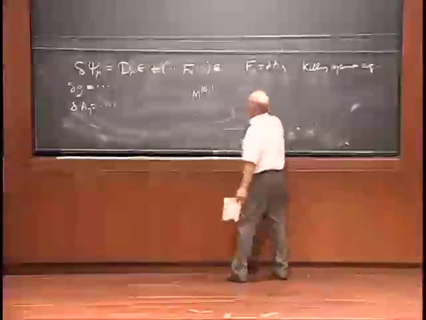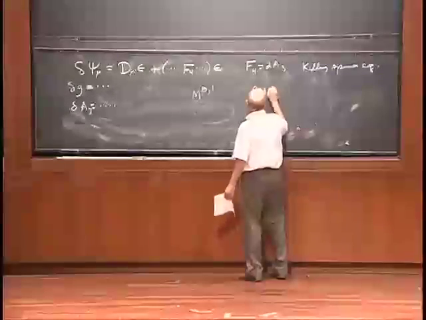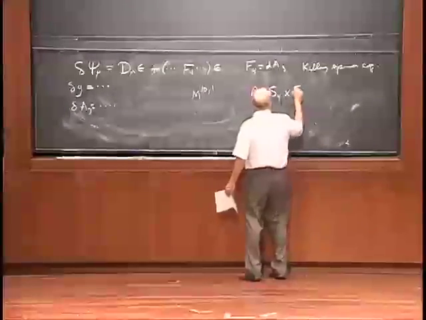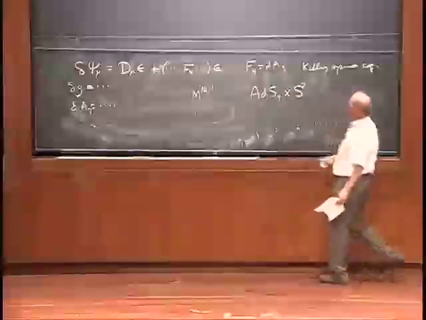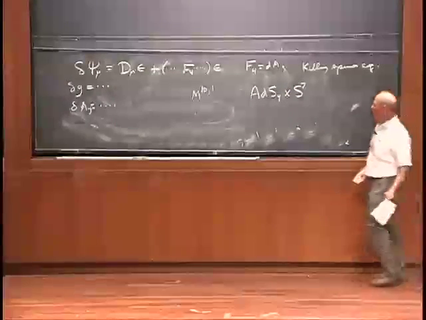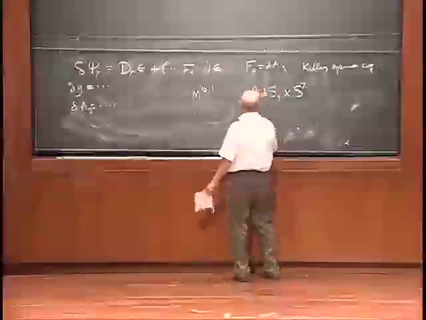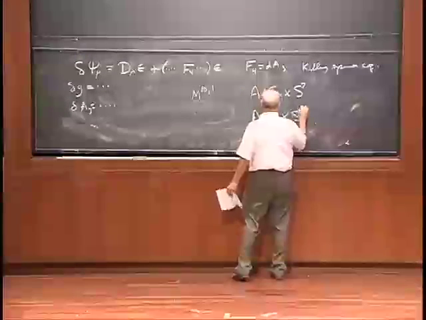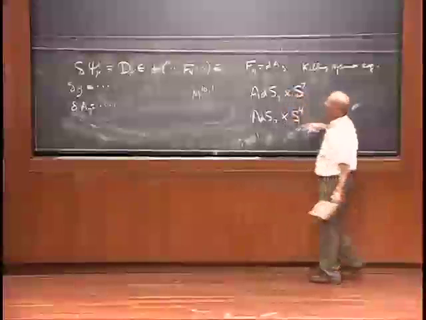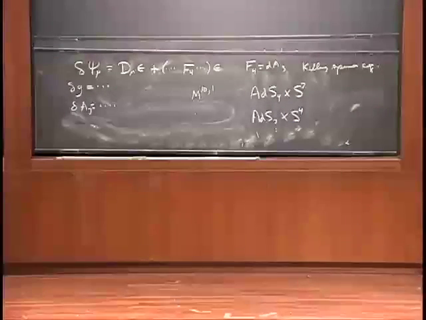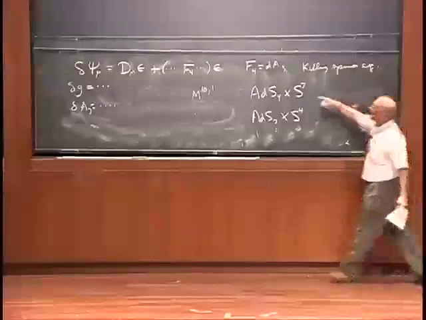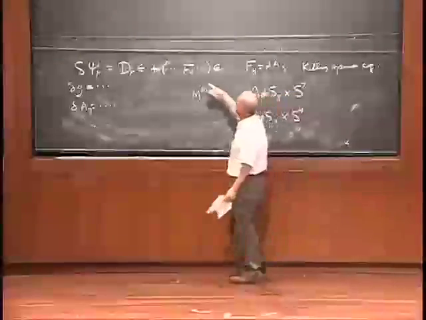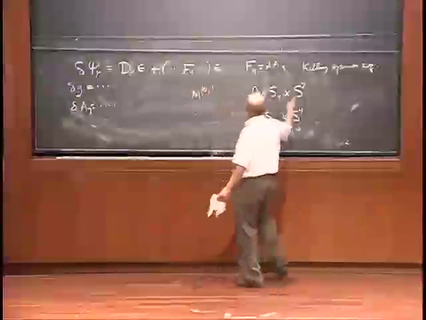But what's more interesting is that two other examples that preserve all of the supersymmetry are a product of an anti-de Sitter space and a sphere of these particular dimensions, or of another anti-de Sitter space and another sphere of these dimensions. So these are two examples of geometries. And in these geometries, there are non-zero fluxes, F4.